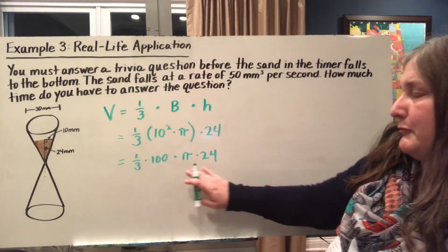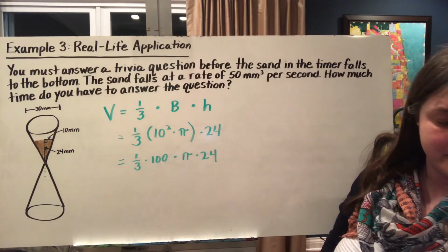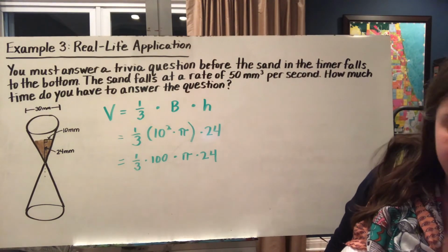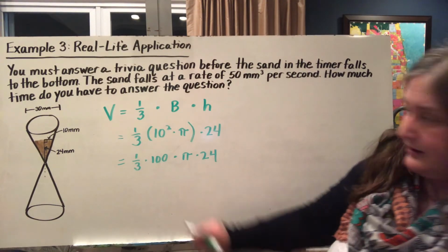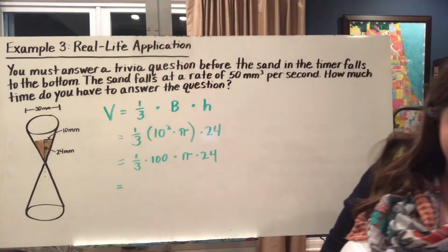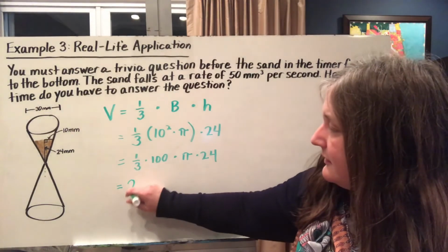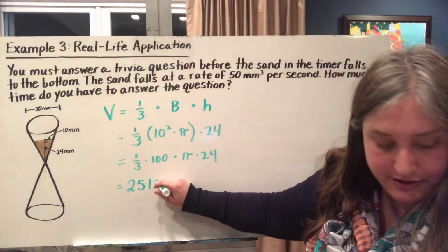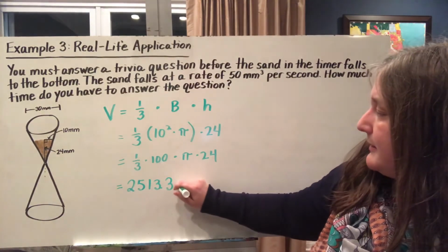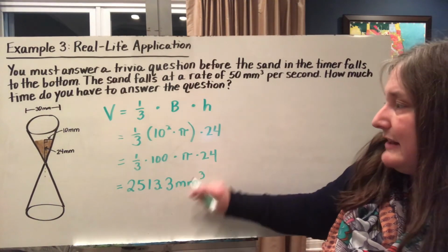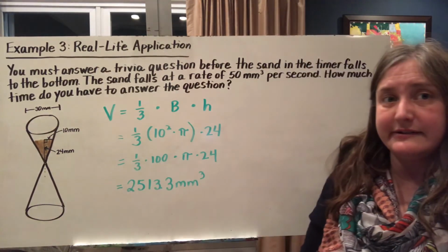I can do 100 times pi times 24 divided by 3 in my calculator. And for this, I roughly get an answer of 2,513.3 millimeters cubed. So that's the volume of sand that is in that timer.